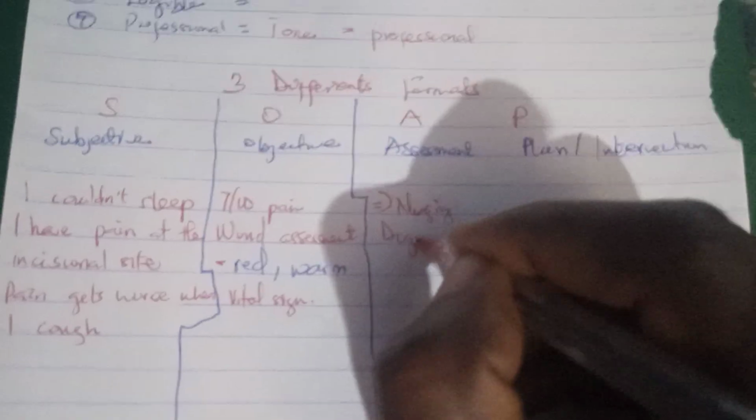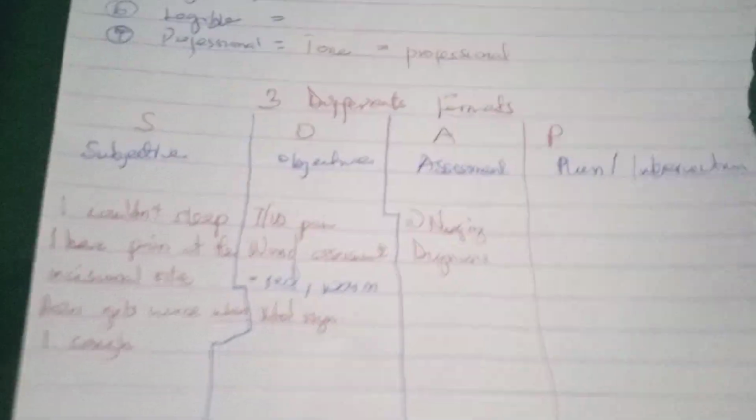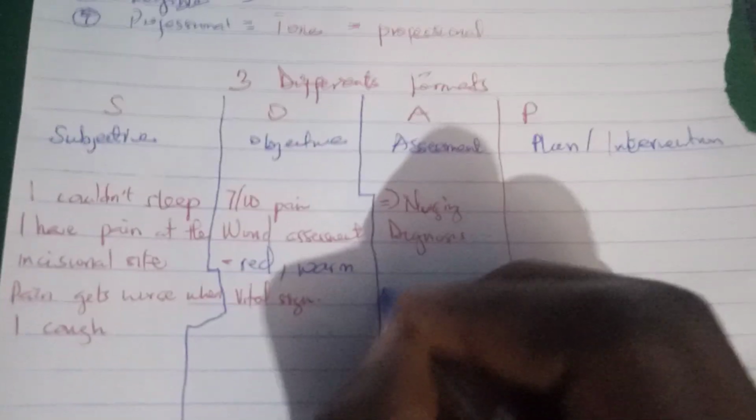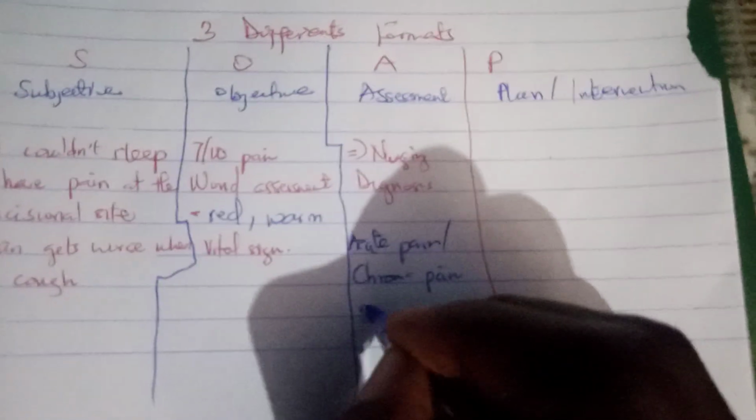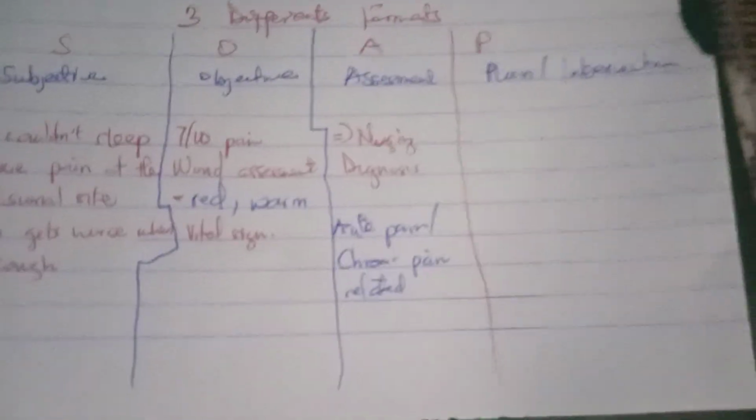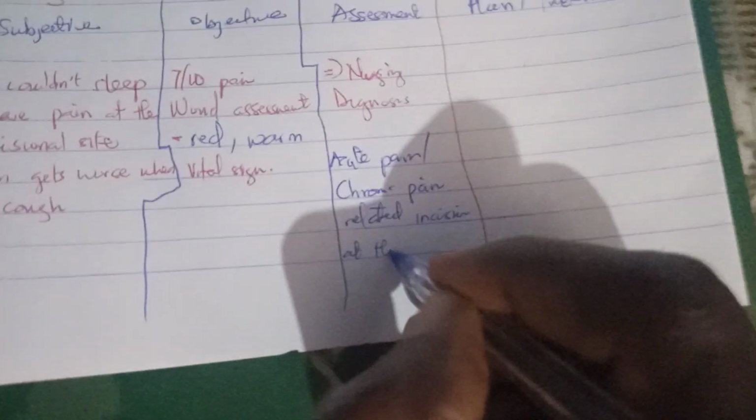A nursing diagnosis. So based on this, you can write either acute pain or chronic pain related to surgical incision at the lower abdomen.